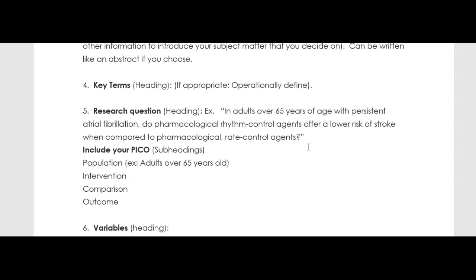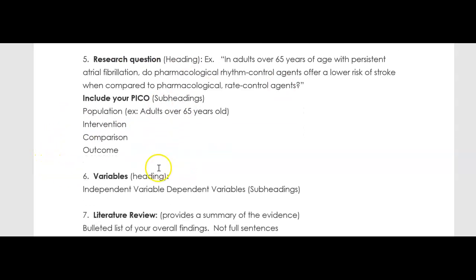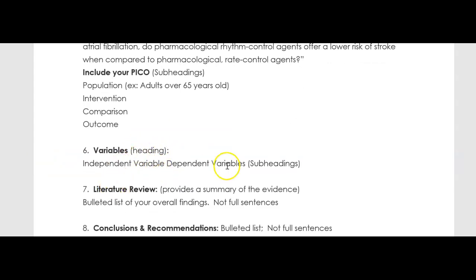I had a published article in Nurse Practitioner Journal a while ago, but that was my research question. And this is where you're going to include your PICO question and variables. What are your independent and dependent variables?